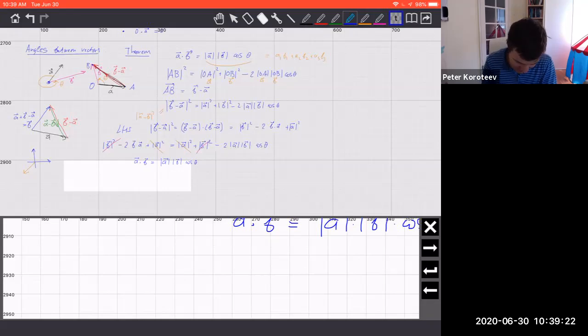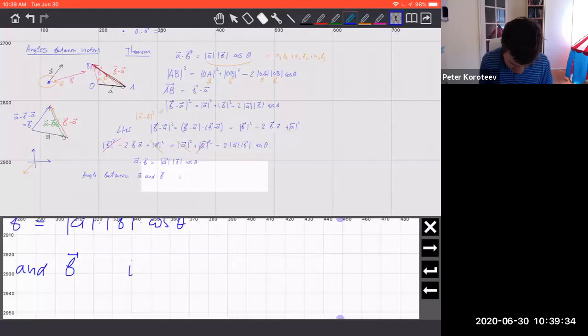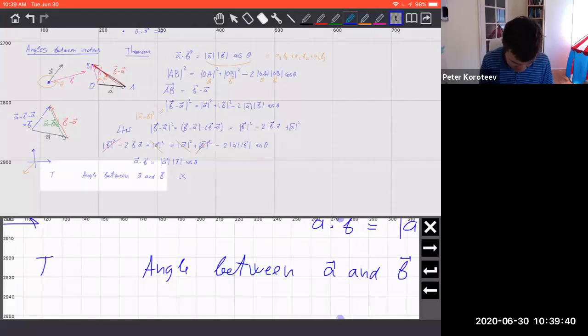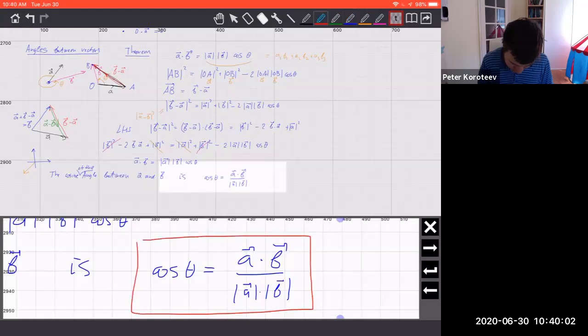The cosine of the angle between A and B is A dot B divided by the absolute value of A times the absolute value of B. And then if we actually want the angle in radians or degrees, you just take the inverse cosine.